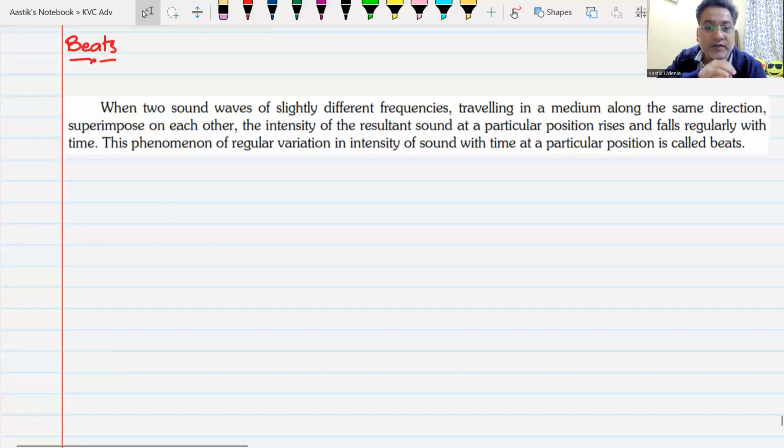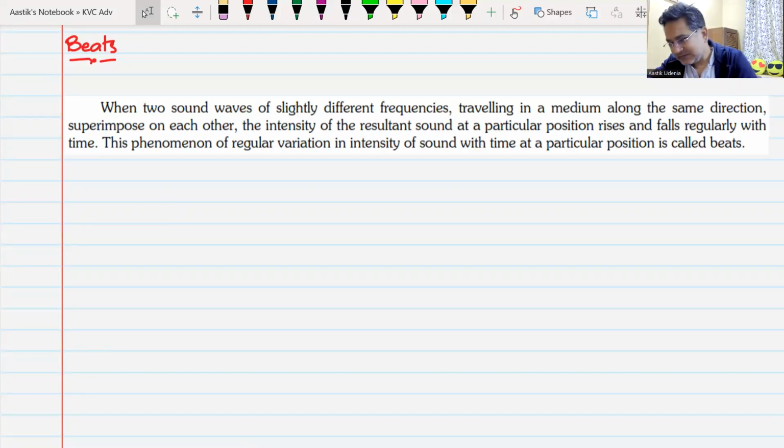When two sound waves, and here the most important term is slightly different frequencies, and there must be sound waves, traveling in the same medium along the same direction, they superimpose each other.